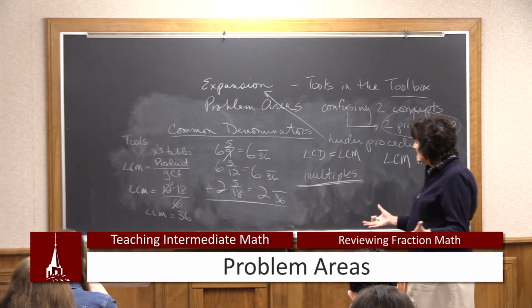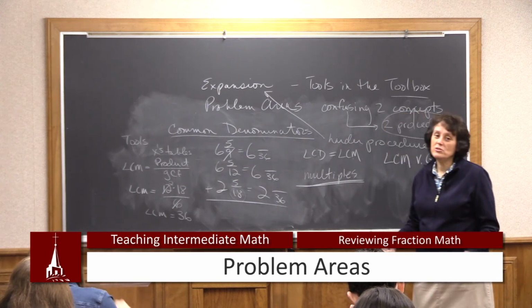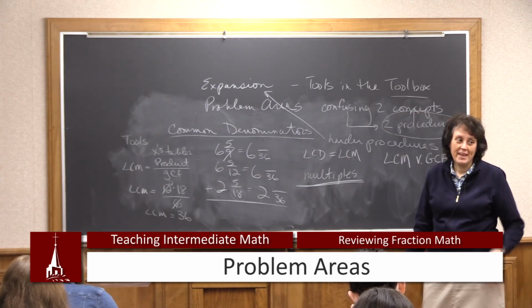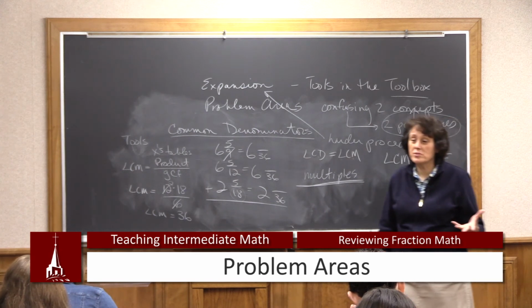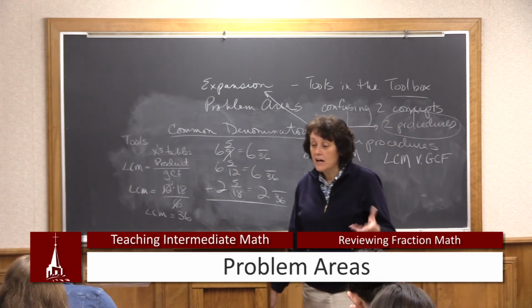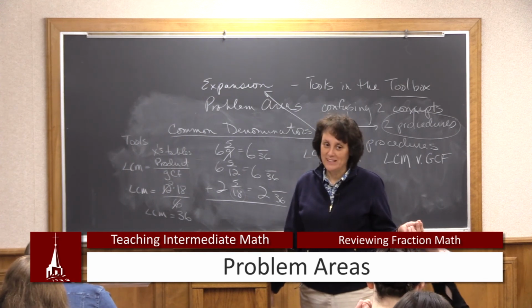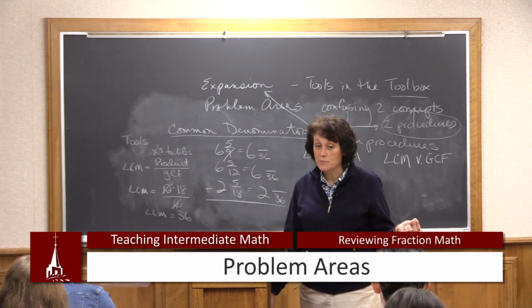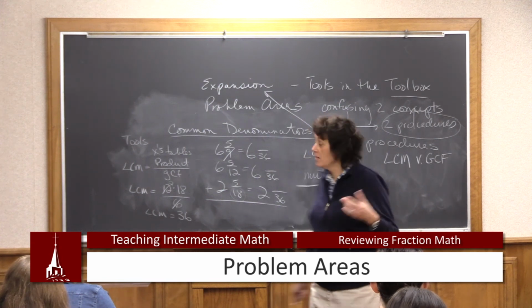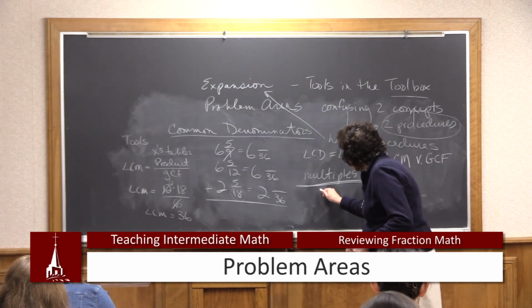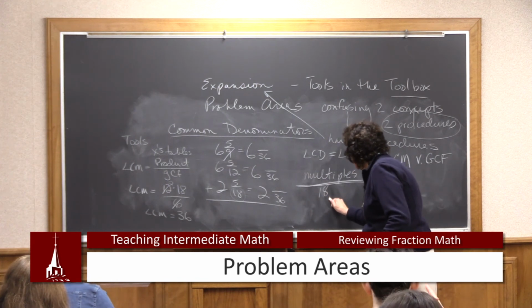So I start listing the multiples, and I usually do it of the larger number. I list the multiples of the larger number until I find a multiple of the smaller. In this case, I recognize multiples of 12, and so should you and your students. So I'm going to start writing the multiples of 18. 18 times 1, 18.